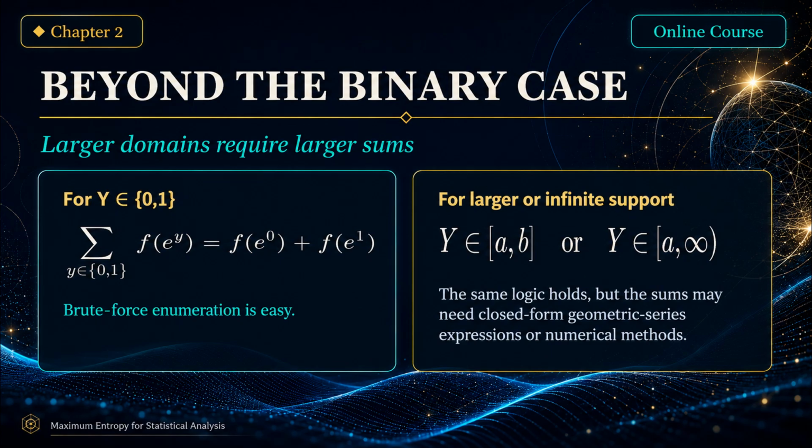So in this binary case, it was rather simple, and we chose it because it was very, very easy to just brute force these sums. Okay? But for discrete data, if we have different ranges of our data, then brute forcing it often becomes too difficult.